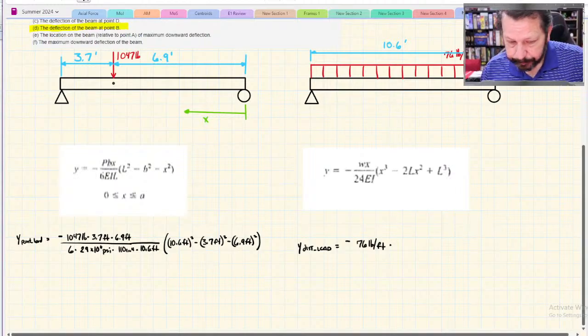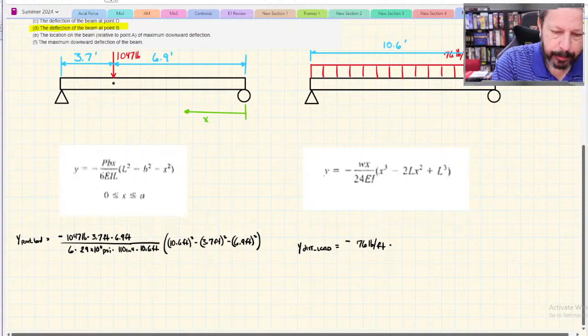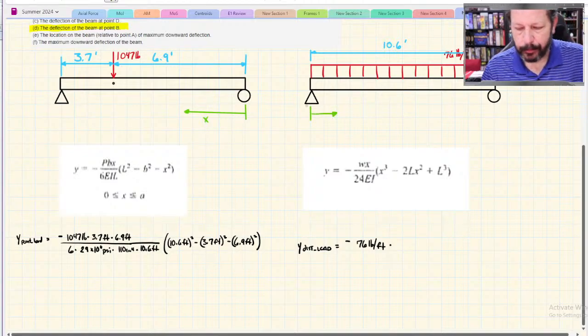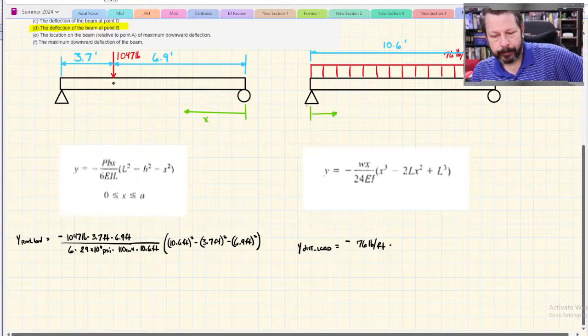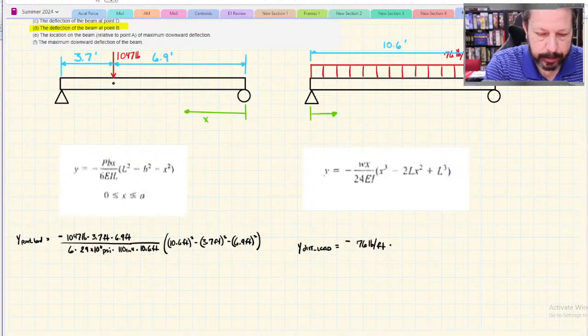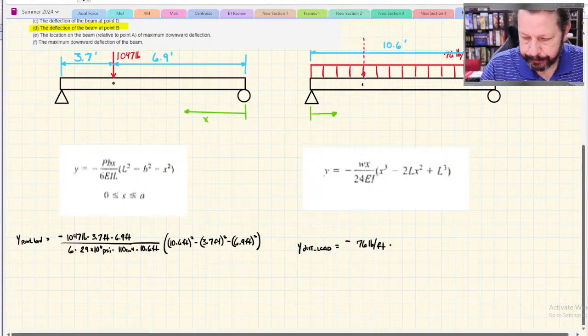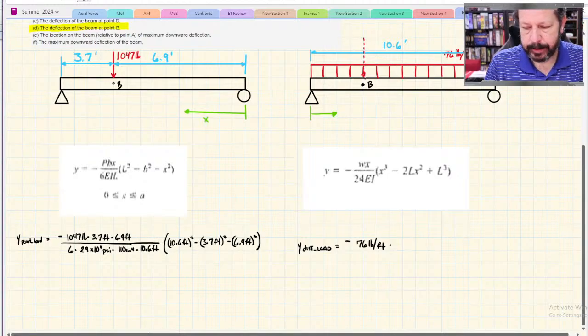Here, it seems weird, but we need to rethink where X is measured from. So we're going to measure from here, because our point load is over here, and this is the point that we're interested in, point B. So that's the distance, that 3.7 feet.